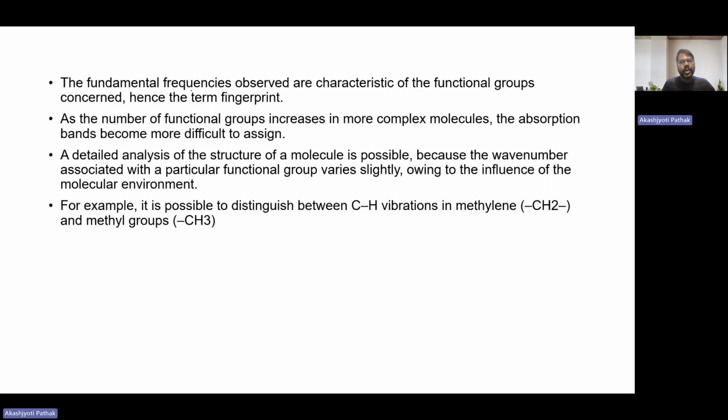The fundamental frequencies observed are characteristic of the functional group concerned, hence the term fingerprint. What functional group is present in a molecule will also determine what type of frequencies will be absorbed and which will be transmitted.